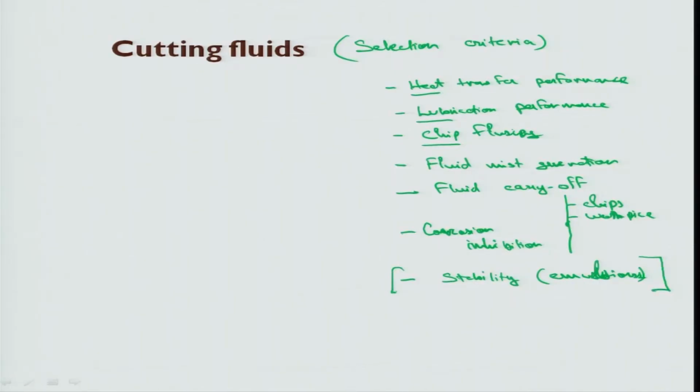In general, the cutting fluids that are filled into the reservoir are disposed of in a week's time. But in some cases of machining, maybe in a day, maybe multiple times in a day, the fluid reservoir may be refilled with a fresh fluid. So this stability of emulsions is important here as well.